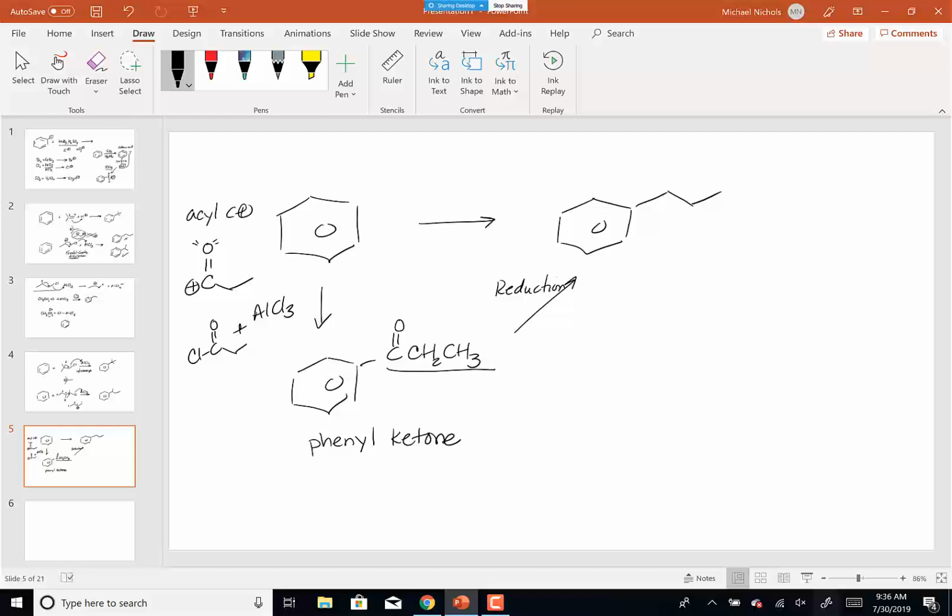The aluminum trichloride will take that off, make the carbocation, and then the carbocation would add to the ring. And this would then be called a Friedel-Crafts acylation reaction because I'm adding an acyl group, which is a C double bond O with a positive charge. I think we called that an acylium ion in lab.